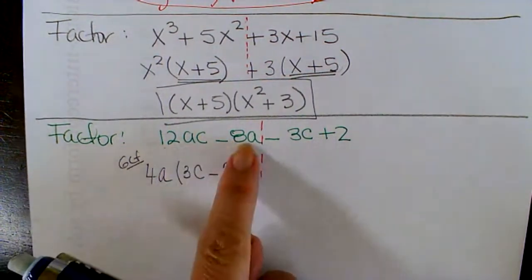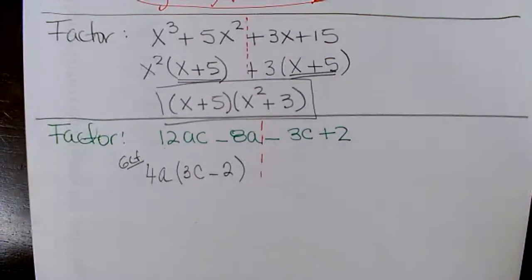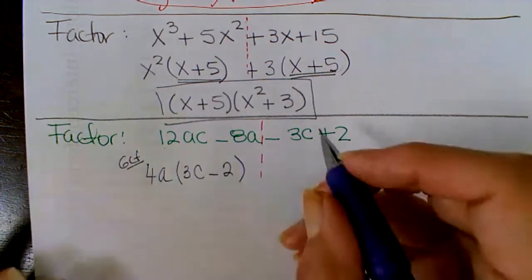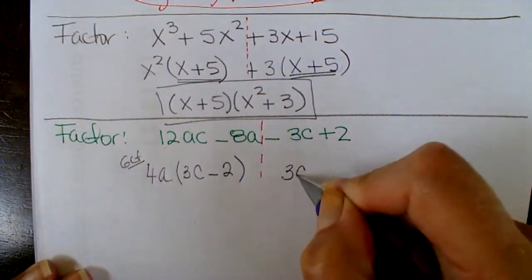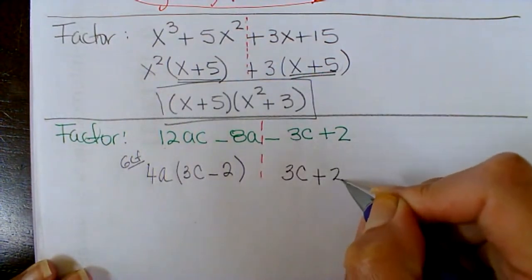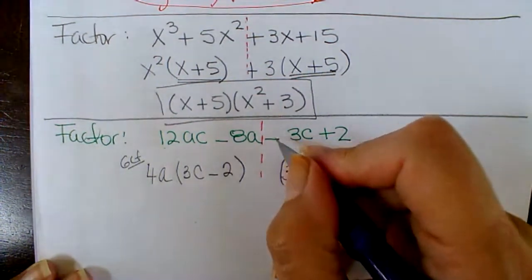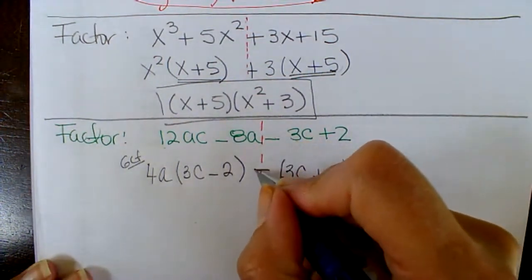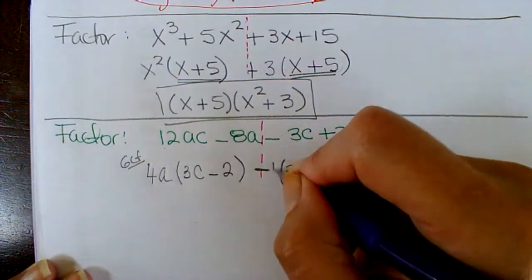If I'm factoring out 12ac minus 8a, that's what I have left. Now, out of this one, they don't have a greatest common factor. So I'm going to write it down here, but hold on. When I bring this negative sign down here, what is going to happen?